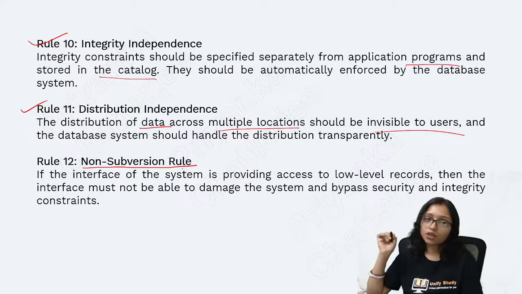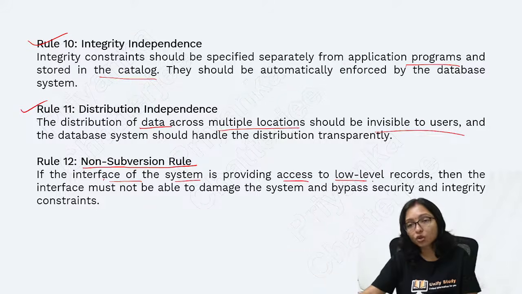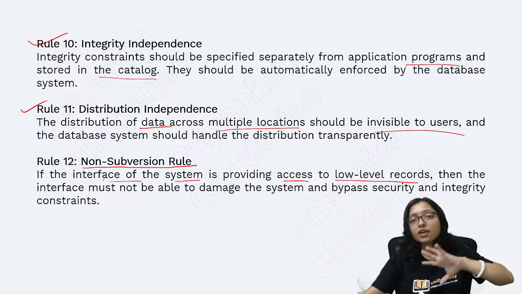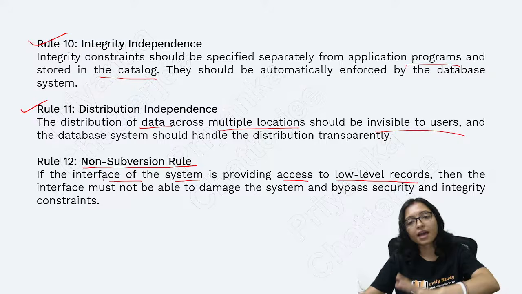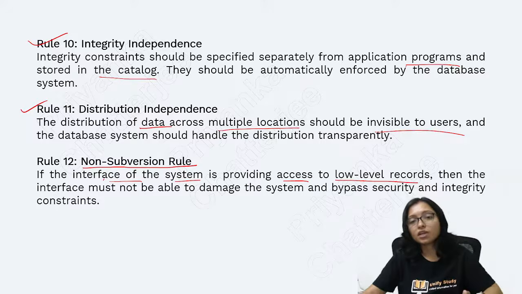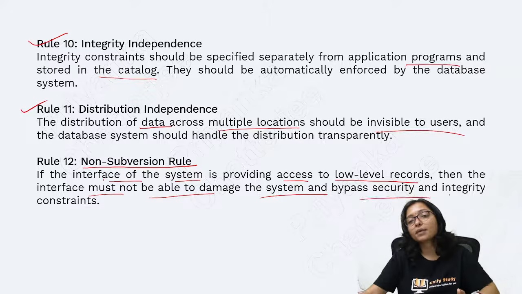And the last one is the non-subversion rule. Non-subversion rule means if the interface of the system provides access to low-level records, like all the records, not everyone can access them. Every user has limited access. So if you are able to access the low-level record, the interface must not allow you to damage the system by bypassing security.